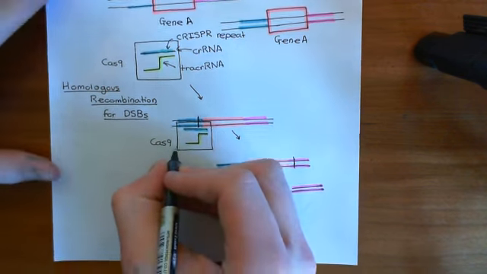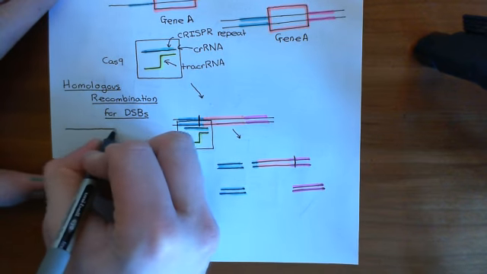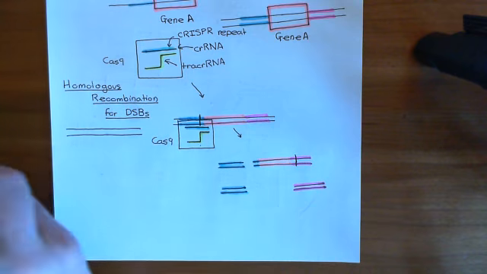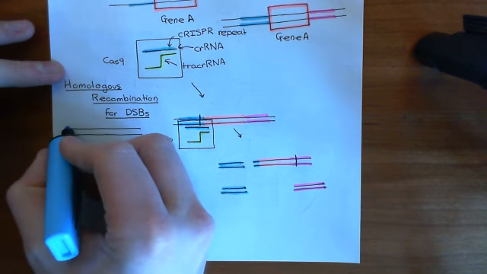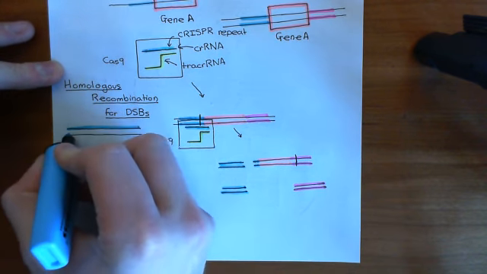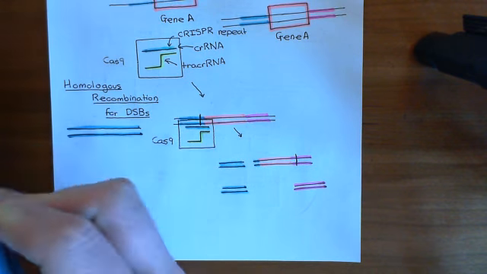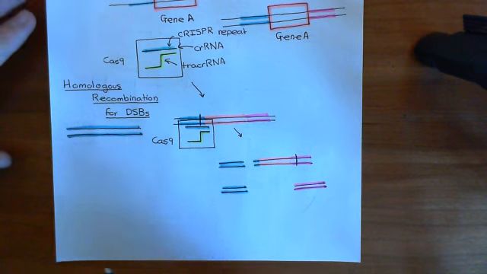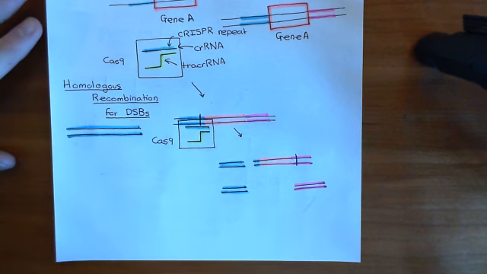Okay, so let's start off with our DNA whole here, and then let's discuss what's going to happen when you make a double-strand break. So we'll have the double-stranded DNA here in blue. Now, what sort of things can generally make double-strand breaks within DNA? Well, ionizing radiation is capable of producing double-strand breaks in DNA.